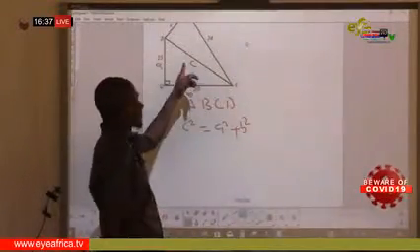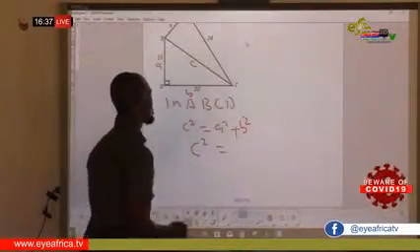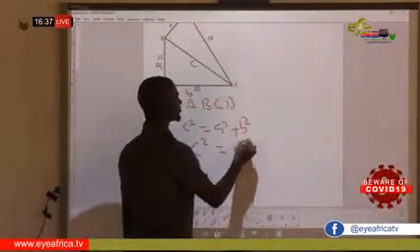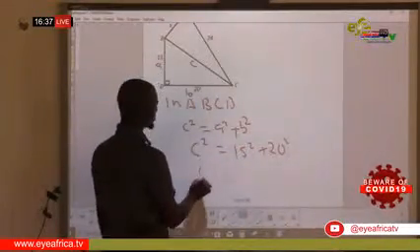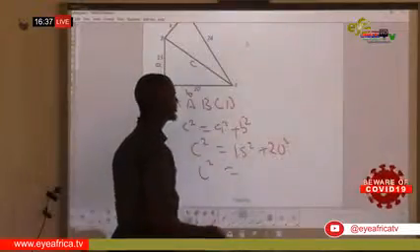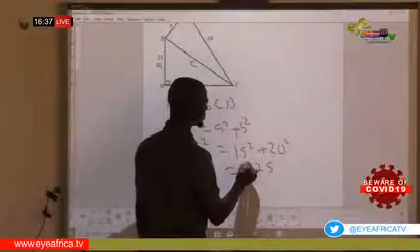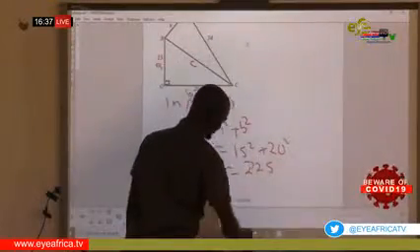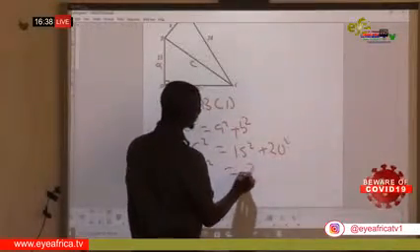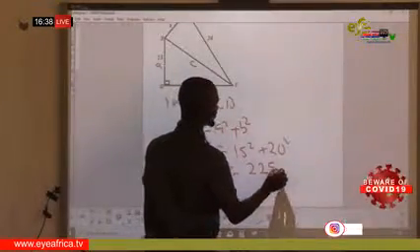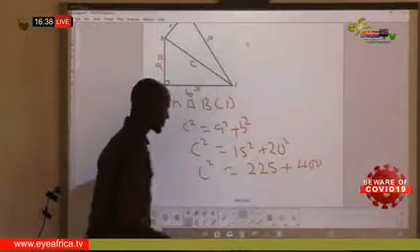C square, we don't know C, so we leave it as C square, which is equals to A square, which is 15 square, plus 20 square. What is 15 square? 15 square is 225, plus 20 square, which will give you 400.